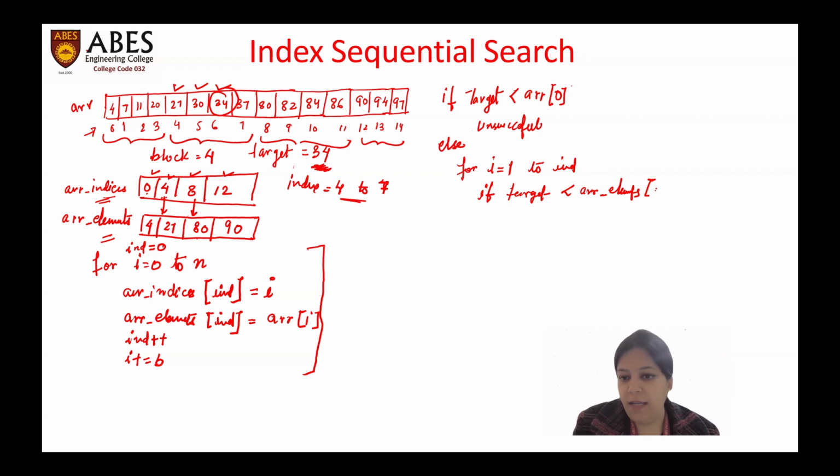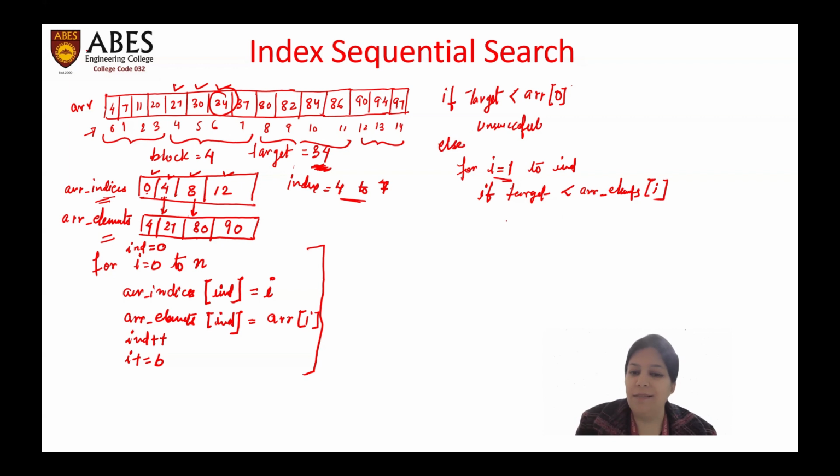If the target is less than ARR elements I, then we have come to a decision that the value might be present in the block which is present just before this index.